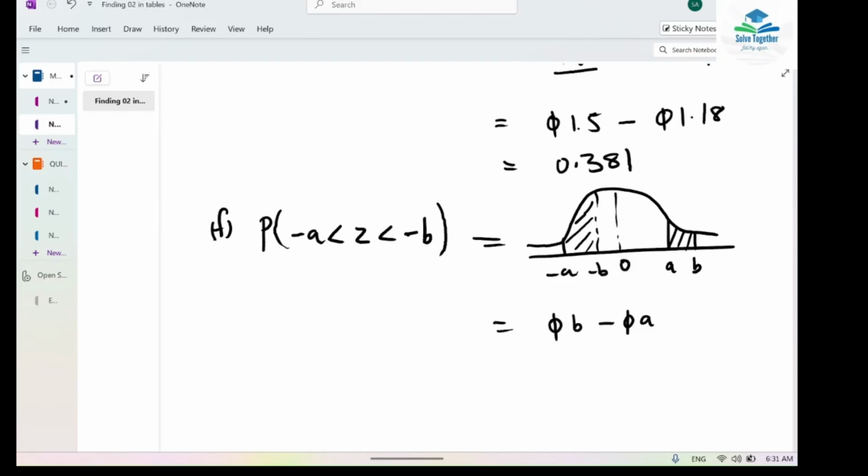So maybe to find an example, let's try finding the probability of minus 1 less than z less than minus 2.